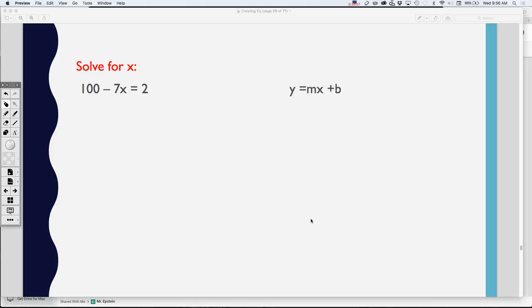I don't know why. I feel like I got a weird answer. Minus 100. That should be, well, negative 98. And then divide by negative 7. Good. But remember, you want to make it to where you still have the 2, the 100, and the negative 7.